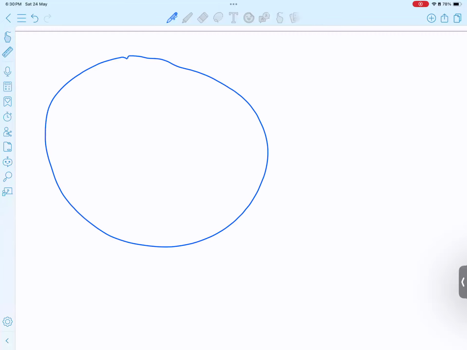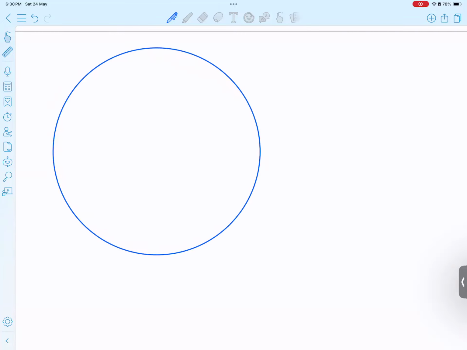So for a geometry problem, whether the problem has stated the circumcircle or not, it's always a good idea to draw the circumcircle. In this case, we do need the circumcircle.